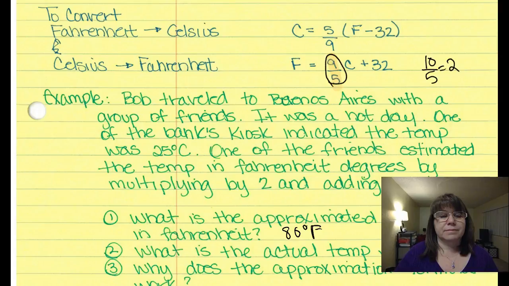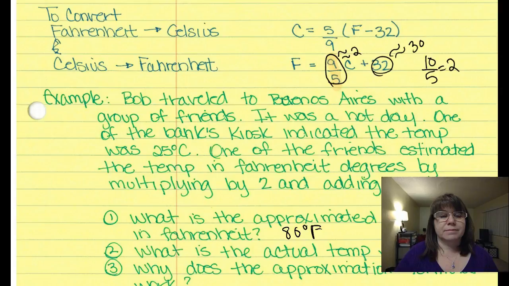So this 9/5 is approximately 2, and 32 is really close to 30. So by multiplying the 2, I go a little bit over, but then by just adding 30, I'm a little bit under, so it's a pretty good approximation.